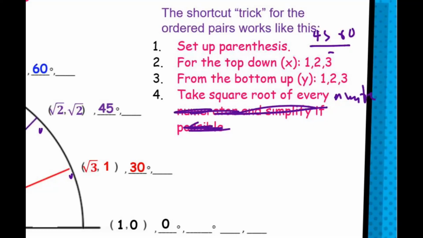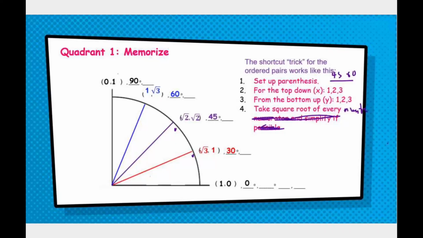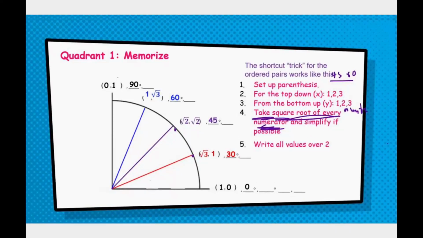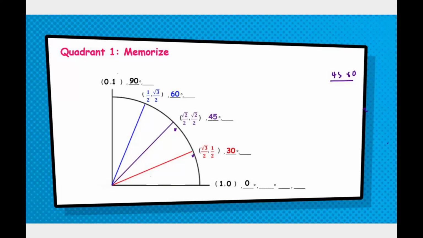I changed the order of my steps from previous years. And then after we do that, we're going to write all values over 2. So we get something like this. We're going to get practice doing these daily, but these are our ordered pairs in quadrant 1. Your Q1 should look like this in your notes.